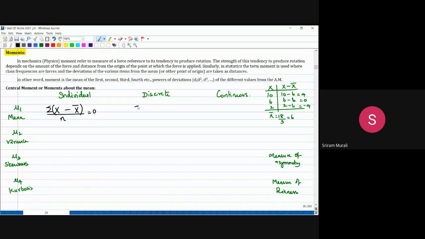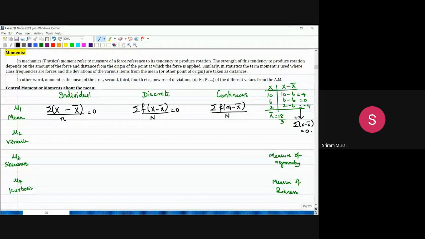The same you can go for discrete: sigma f into x minus x bar by n is equal to 0, by capital N. Whereas it is sigma f into m minus x bar, because continuous data will have a mid value, so the sum will be equal to 0.